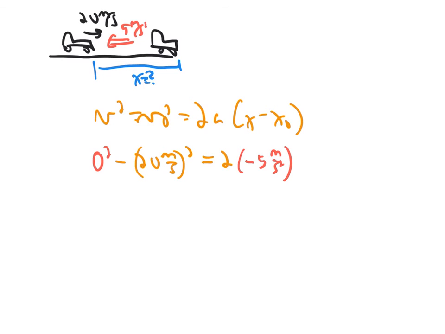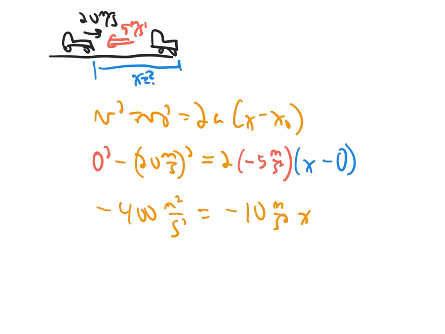Why the minus? Because, of course, we're going against the velocity. And then finally, we end up with x minus, and we'll just say we started at the origin because we have complete options there. And so we're left with, when we put everything together, that minus 400 meters squared per second squared is equal to minus 10 meters per second squared times x, or x is 40 meters.